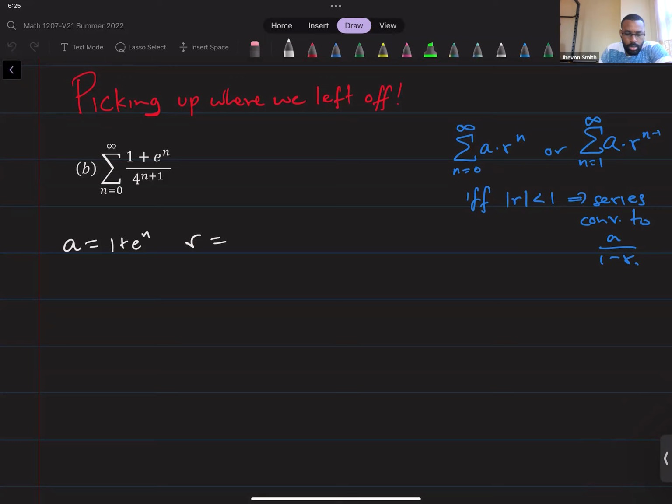And then r is -4 to the nth power plus 1.